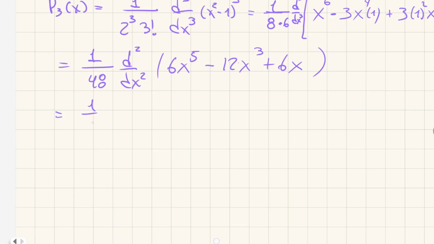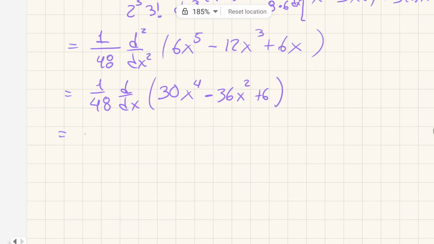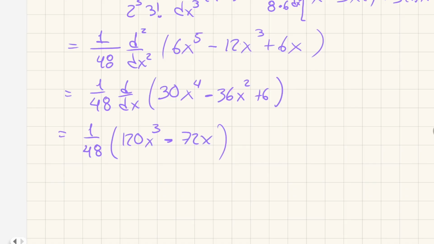Then this will be 1 divided by 48, the derivative with respect to x of 30x to the fourth power minus 36x squared plus 6, and then this is going to be 1 divided by 48 times 120x to the third power minus 72x, like this. Okay, so if we simplify a little bit, we will get that this is 5 divided by 2 x to the third power minus 3 divided by 2 x.